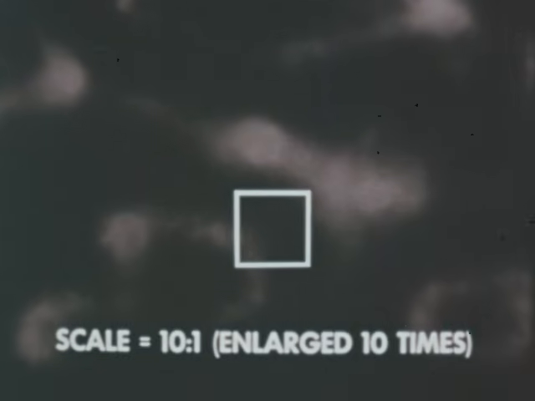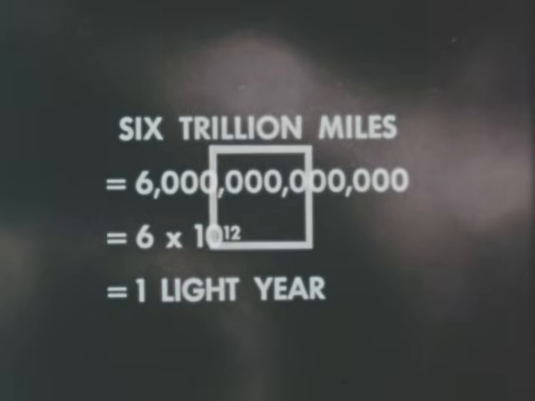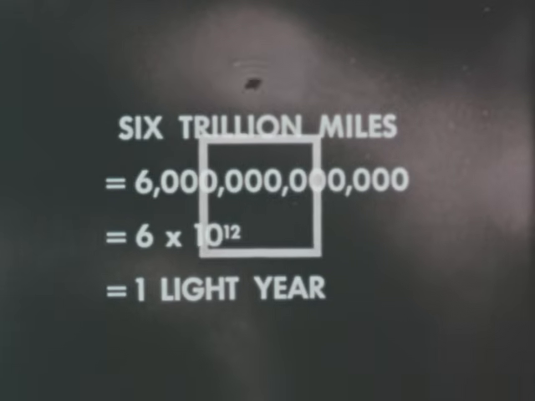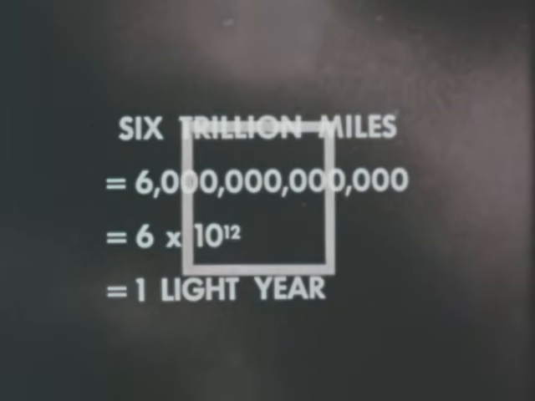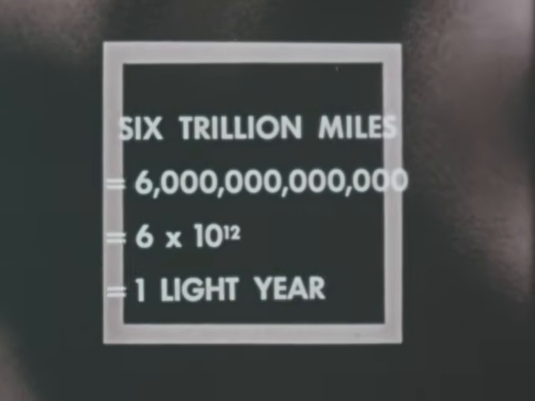This is the short and practical way to express long figures. For instance, light travels at the approximate rate of 6 trillion miles per year. It can be written 6 times 10 to the 12th power. Incidentally, this is known as 1 light year.